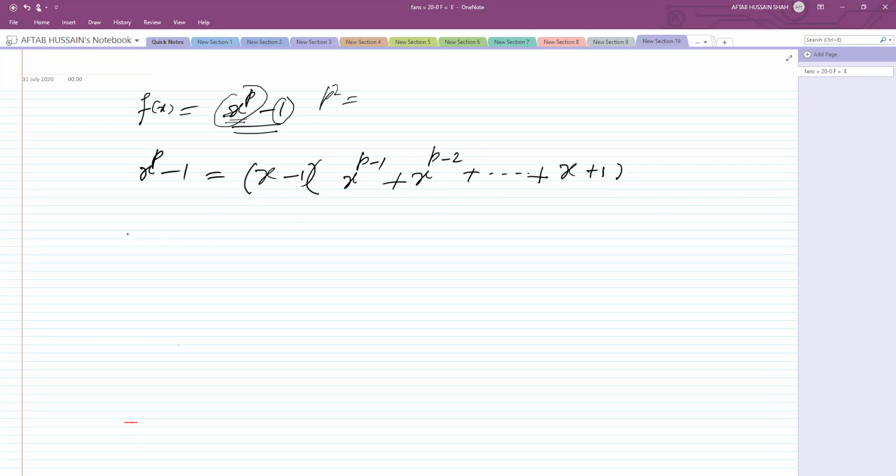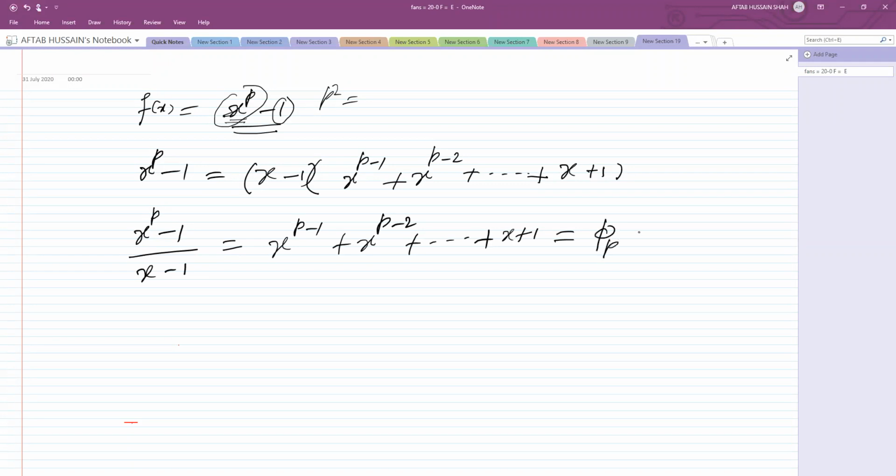Now you take the polynomial (x^p - 1)/(x - 1), which is x^{p-1} + x^{p-2} + ... + x + 1, and you call this polynomial phi_p(x).